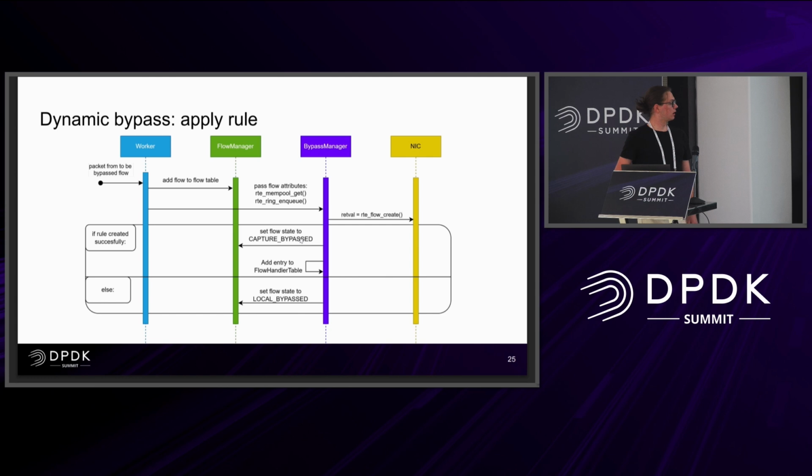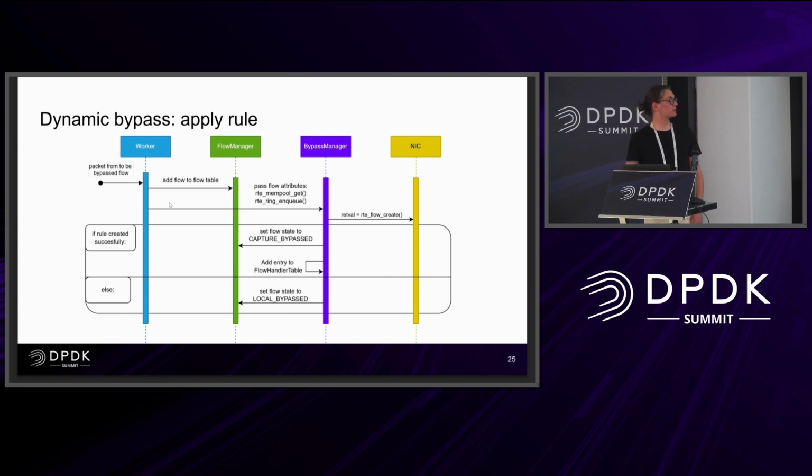And here you can see the first part that happens in the dynamic bypass. That's applying or loading the RTE flow rule. When a packet comes to the worker and the flow that is bound to this packet is supposed to be bypassed, the flow is added to the flow table.